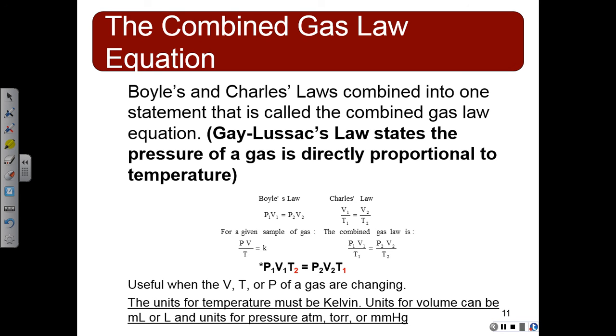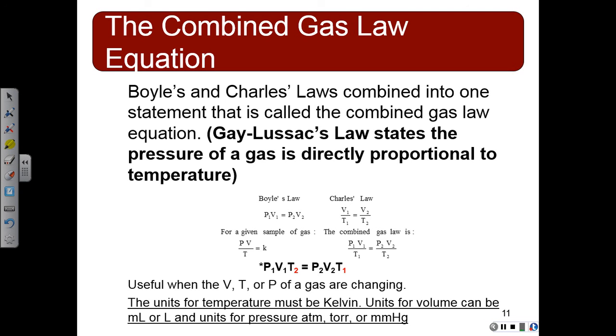Or if I had a certain pressure and then I change it, and I changed my temperature, what's the volume going to be? So here you have 1, 2, 3, 4, 5, 6. You have 6 variables, right? You're going to be given 5 of those 6, and you just rearrange and solve for the one that you're looking for.